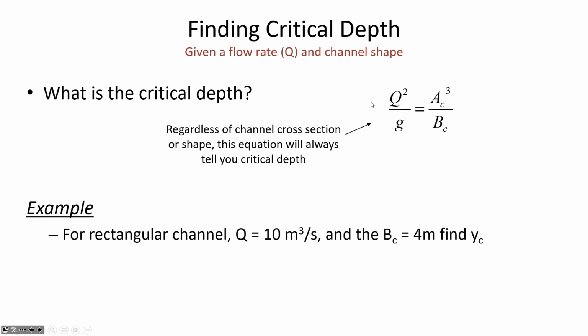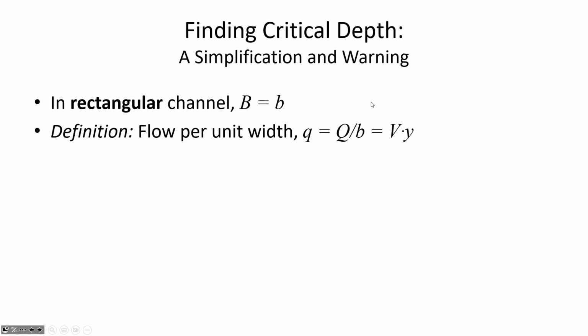And this version of the Froude number equation and critical depth method is valid for any type of shape. It can be rectangular, trapezoidal, but there's going to be a simplification which I'll show you, which depends on us determining something known as the flow per unit width. And so this channel is 4 meters wide, and it's got 10 cubic meters per second going through the channel. And so the flow per unit width, lowercase q, is Q divided by B. So it is 10 cubic meters per second going through a channel that's 4 meters wide.